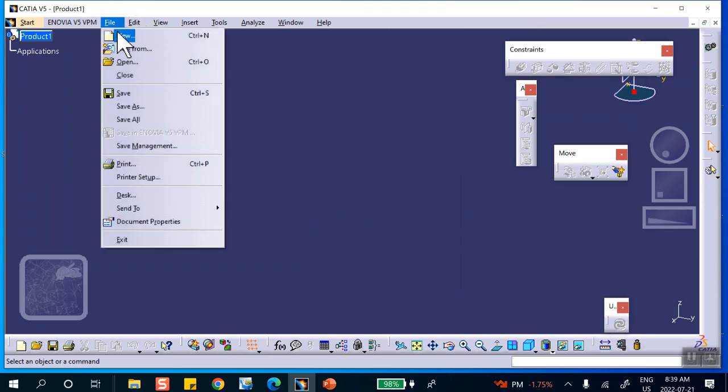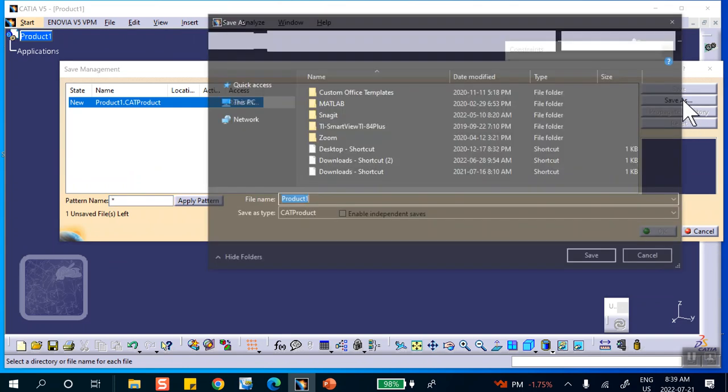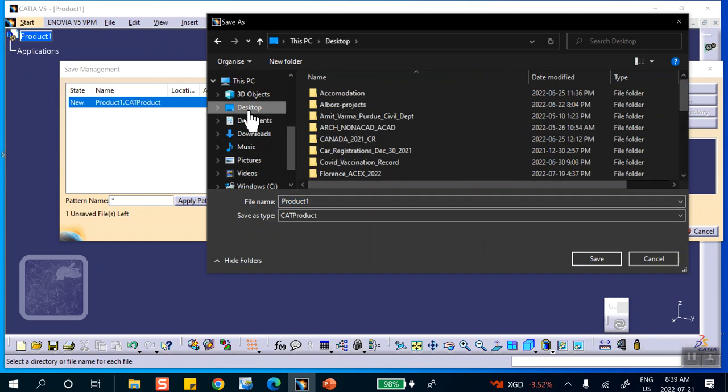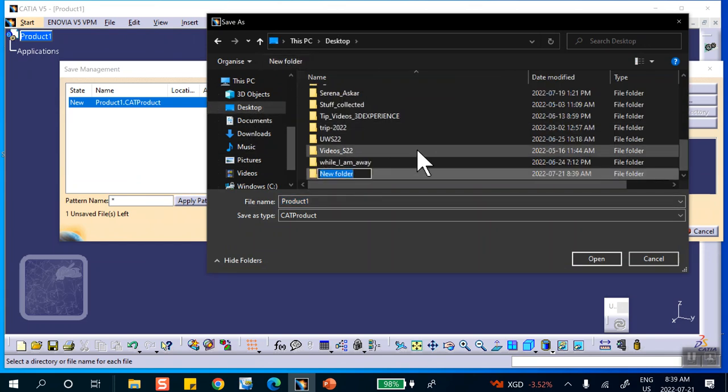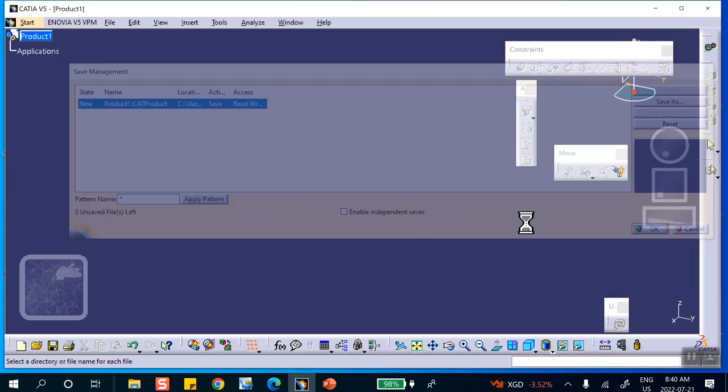So file, save management, save as, desktop, new folder, my last Mac. One, group one. Okay.